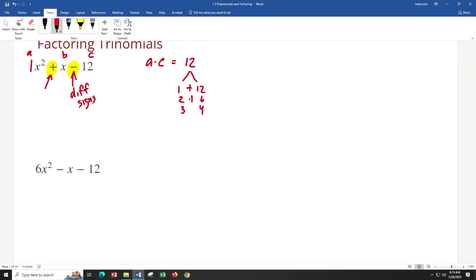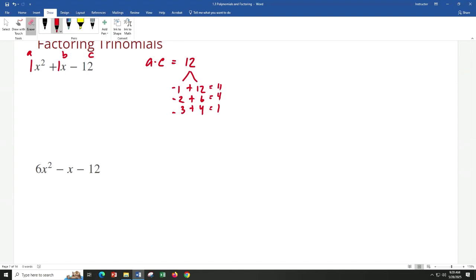So all of these are going to be positive, all of these are going to be negative. And then I just start doing some math. -1 plus 12 is 11. -2 plus 6 is going to give me a 4. -3 plus 4 gives me a 1. And look what is right here. Isn't that a 1? That's the guy I was looking for.